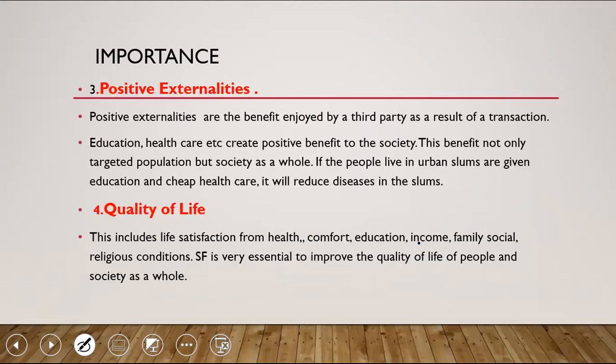Then, be a little careful. What do you mean by externalities? Positive externality. Externality means outside benefit, or we call it a spillover benefit. If this word is difficult, you can call it outside benefit. Externalities are two: one is positive, the other is negative. Here we are talking about positive externality.